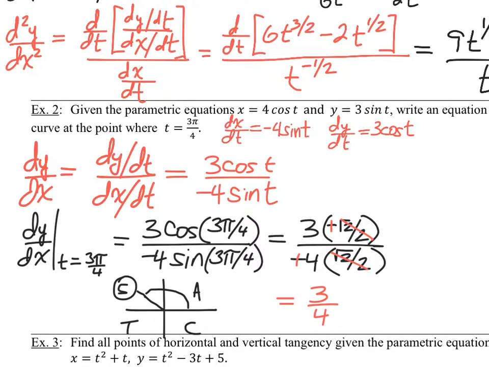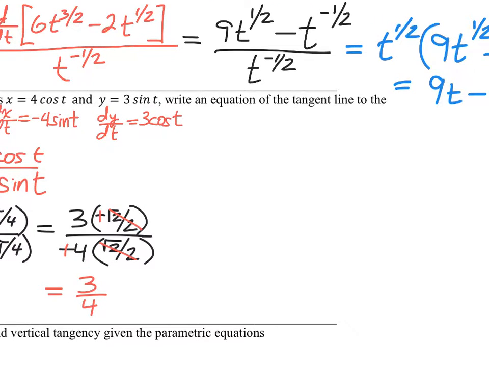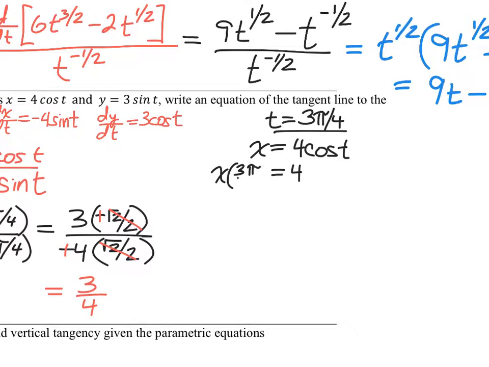So now, again, I have to write the equation of a line. It's not a slope of a line. So I need a coordinate. Again, t is equal to 3 pi over 4. We know x is equal to 4 cosine of t, so I'm going to do x of 3 pi over 4: 4 cosine 3 pi over 4.